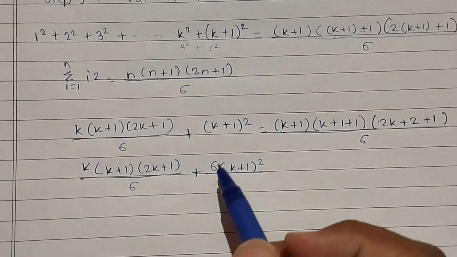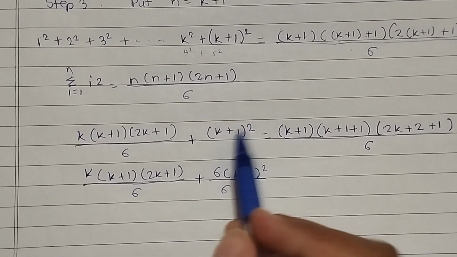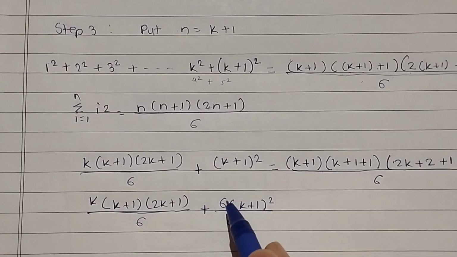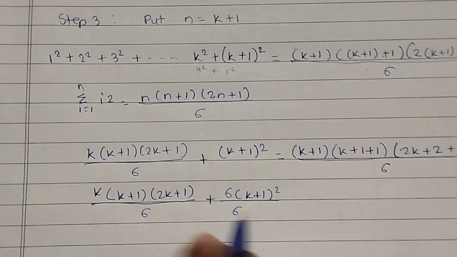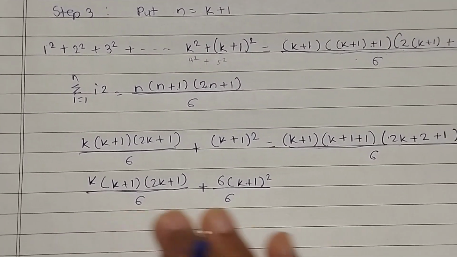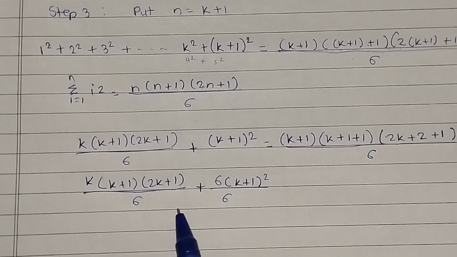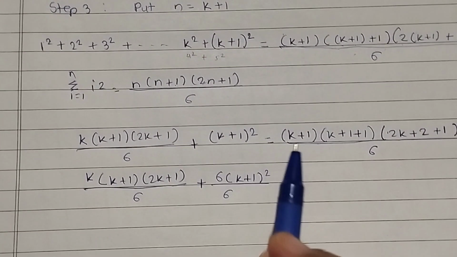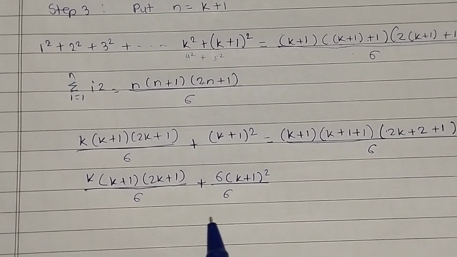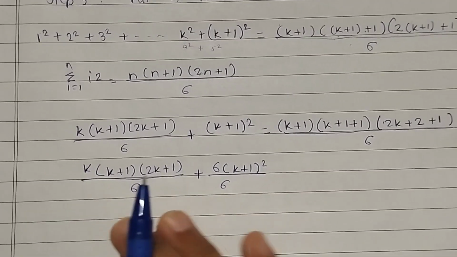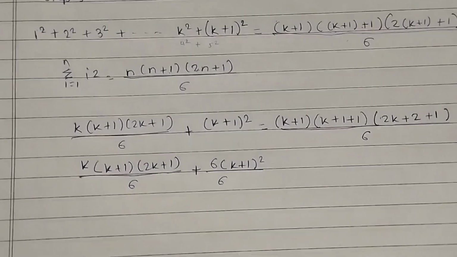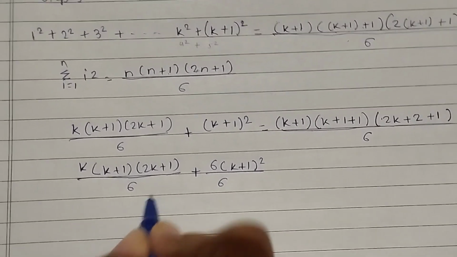So this is nothing but this (k plus 1) squared, because when we cancel this 6 with 6, then again we get only (k plus 1) squared. But we want the denominator same, that's why we take common 6 and convert this numerator denominator into an equal denominator.